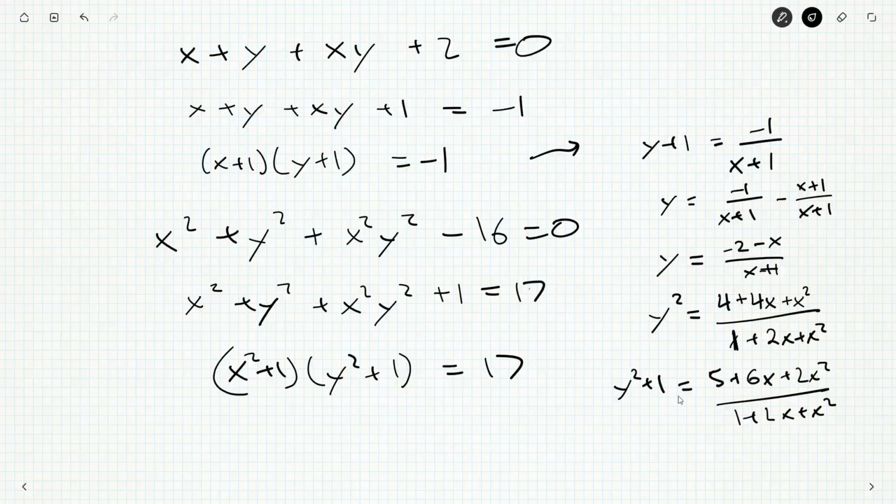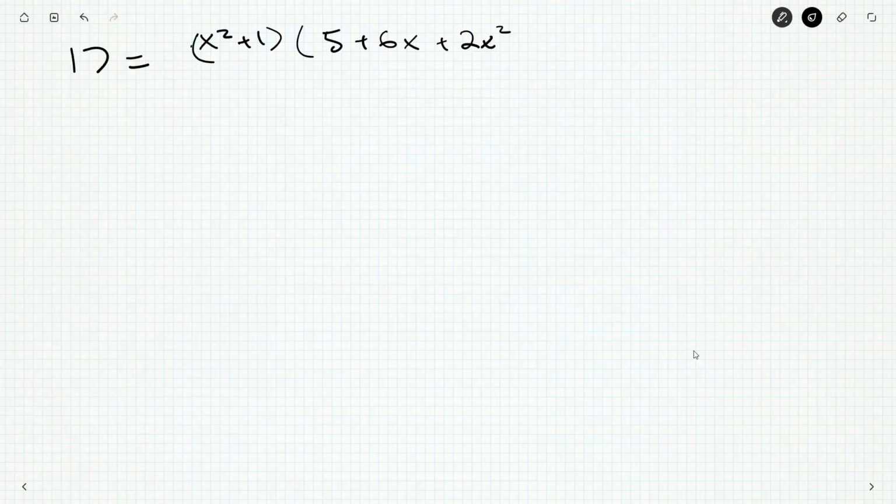Okay, so now I will get a full expression in terms of just x. So 17 is x squared plus 1 times whatever it was I just said. I think it was 5 plus 6x plus 2x squared all over 1 plus 2x plus x squared.